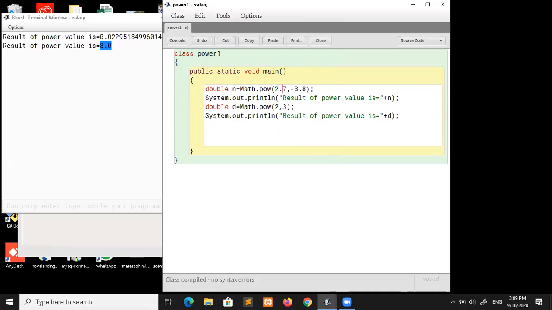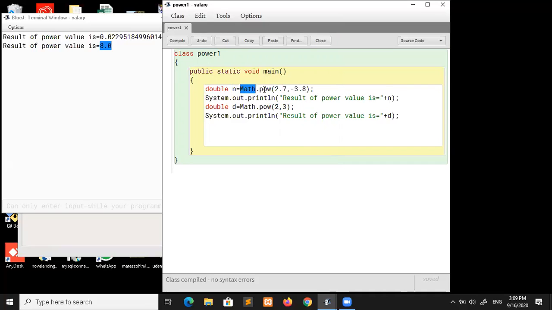Ma'am, can you explain the initial value and the power thing again? Yeah, sure. Okay, once again, see, double is the data type, and the variable is declared with the name n and Math.power.